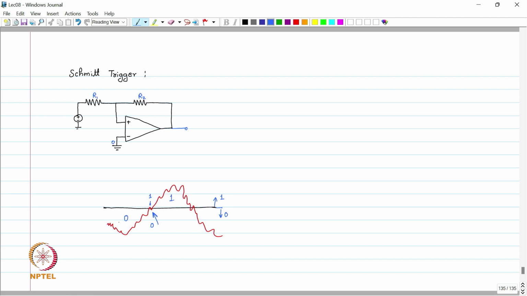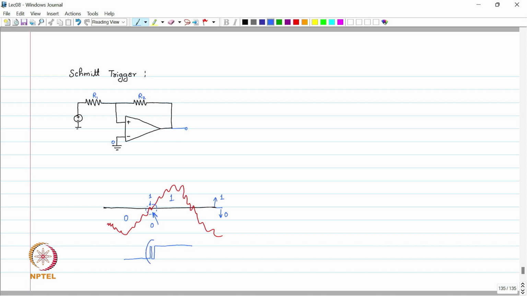Ideally there should be only one transition from 0 to 1, because the signal is this large signal, and it transits from 0 to 1 only once. But because of this noise, in this section we get an additional 1 and 0. So if we convert it into digital, this is like 0, then we get a small 1 which again goes back to 0, and then again 1 which continues here.